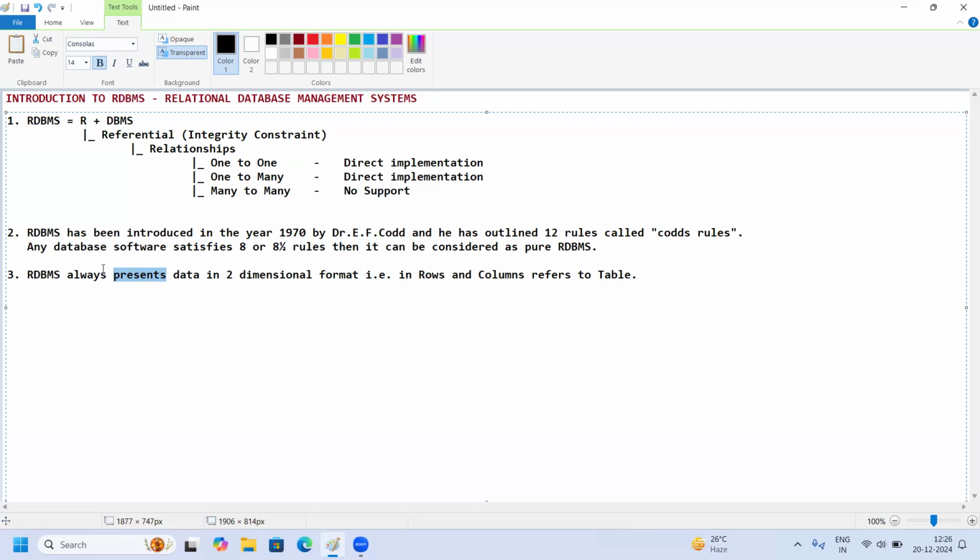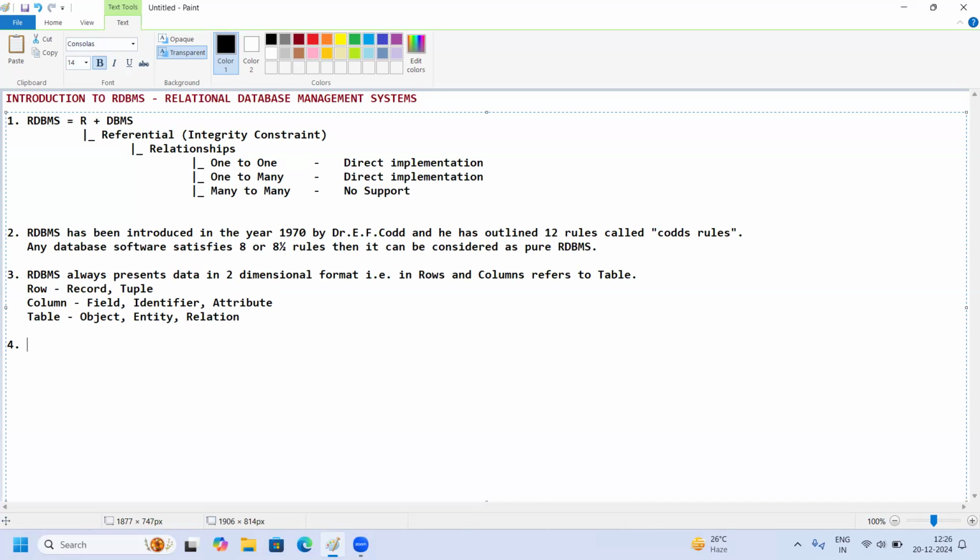Here I'm talking about presentation of data in table format, with rows and columns. A row you call a record; in some software, they call it a tuple. A column, in some software, they call a field, an identifier, or an attribute. A table, in some software, they call an object, an entity, or a relation.